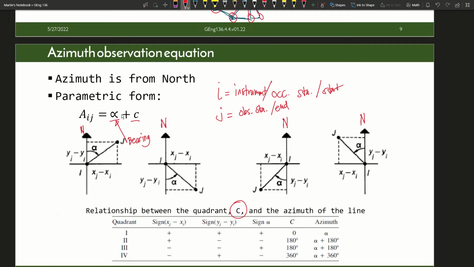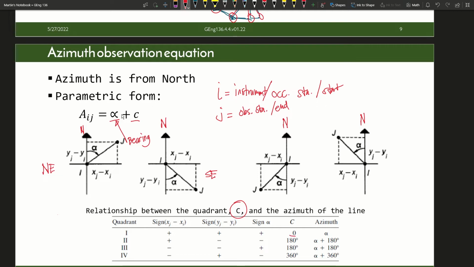If it's in the northeast, sorry, apologies, northeast, your C is 0. Therefore, your azimuth is your bearing.